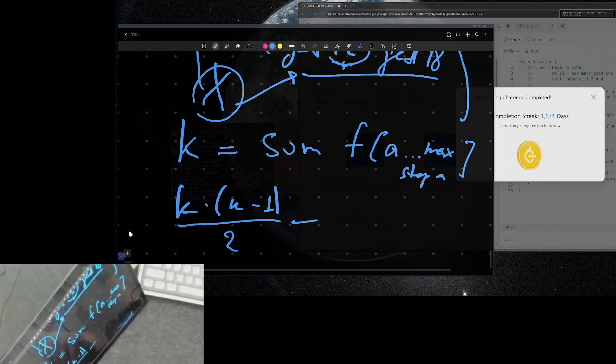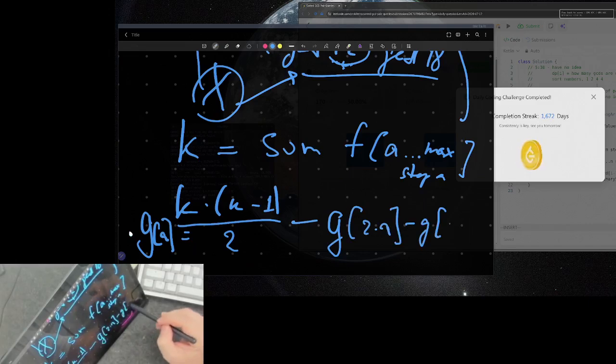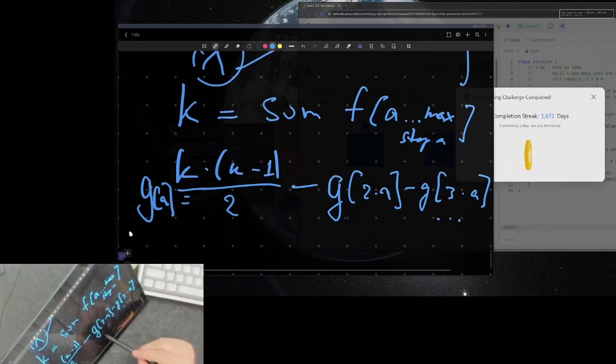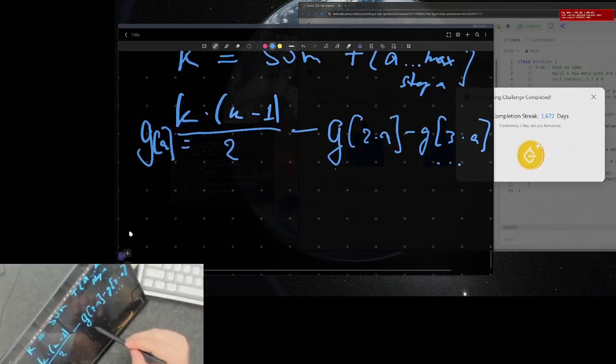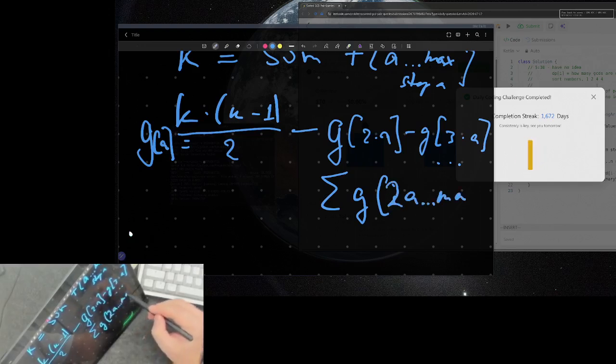So we have g of a, for example, and this would be minus g of 2a minus g of 3a, and so on. So this sequence goes and goes, and it is the sum of g of multipliers, from 2a up to the maximum, step a.